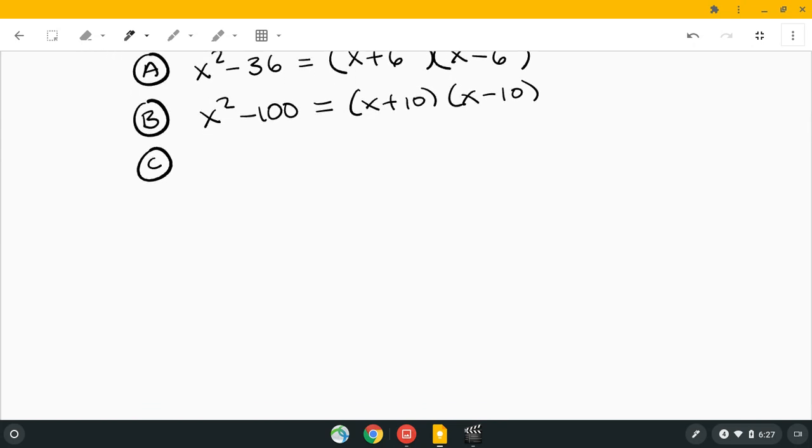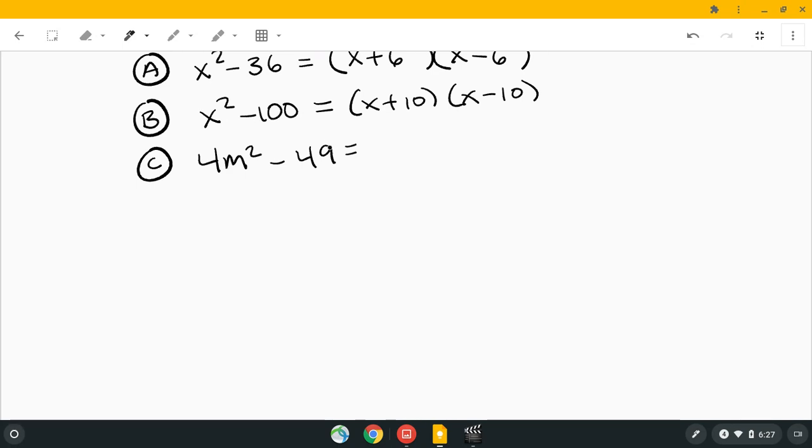Are you hoping that I just give you a ton of perfect squares to factor on the test? Okay, let's take a look at this one. 4m squared minus 49. Let's identify what is being squared here. Here, 2m is being squared.